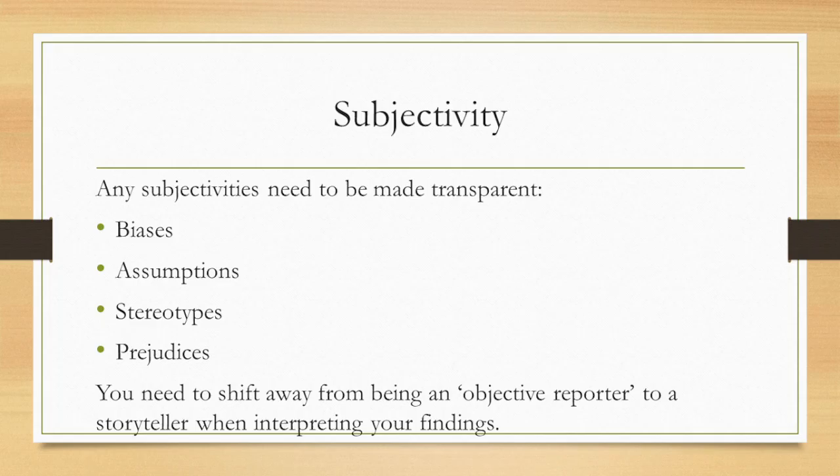Subjectivities have to be made as transparent as possible. Subjectivity is embedded in all layers and phases of your data analysis and the interpretive process. In this chapter, you shift from being an objective reporter to a researcher that provides informed and insightful commentary or storytelling.